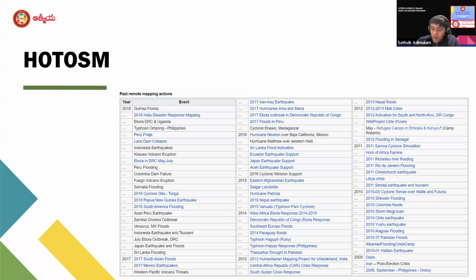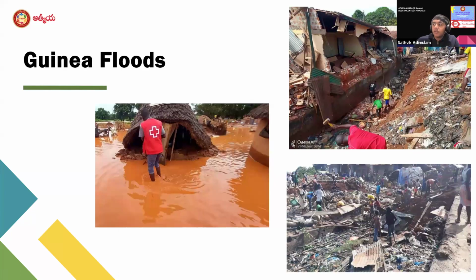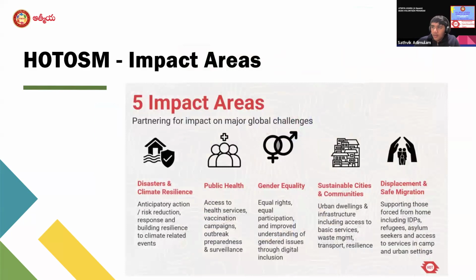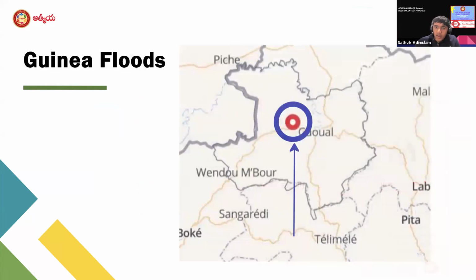And then I'm gonna talk more about one specific event, which is the Guinea floods. As you can see, it was very destructive. There was lots of flooding and a lot of architecture was broken, and that's just where it happened. My bad, let me just go back. And in response, volunteers were able to collaborate and map data, and then the disaster response teams were able to use this to know exactly where to go, and they're able to help anyone in danger.